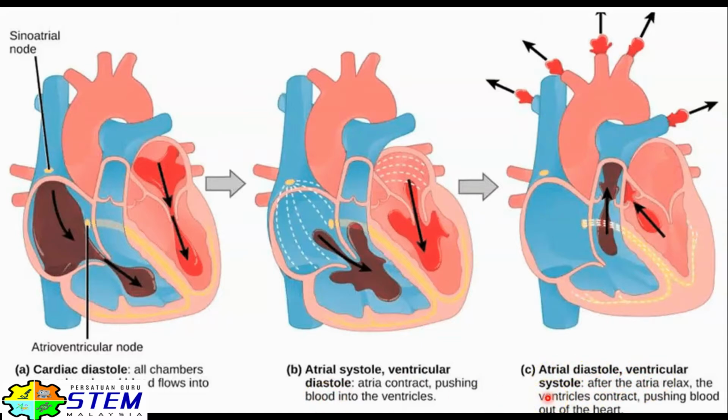So the common names here are diastole and systole. You have to notice that atrial means atrium and ventricular means ventricle. So we will go one by one, step by step.